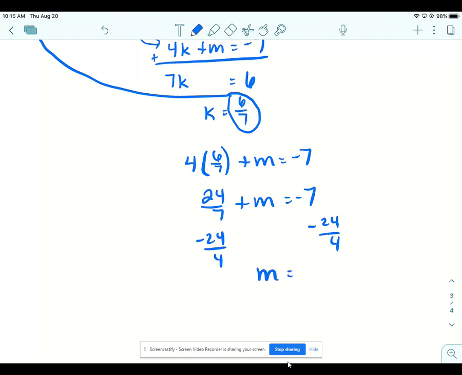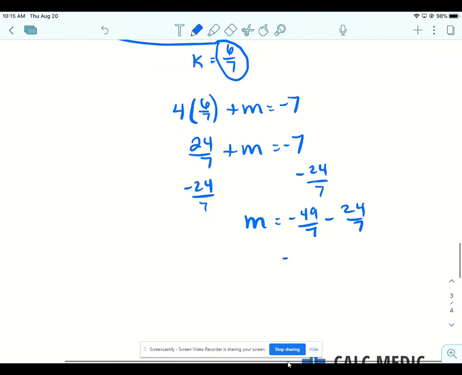So I know that, oh, I don't know why I changed that to fourths. Let me fix it real quick. I need negative 7 to also be sevenths. So that's going to be negative 49 sevenths minus 24 sevenths is going to give us negative 73 sevenths for m.